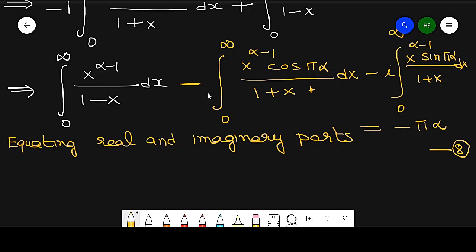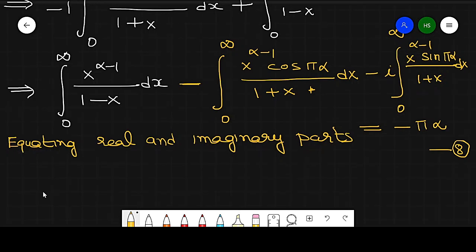So what is the real part? The real part is this term equal to 0, and this is the imaginary part.